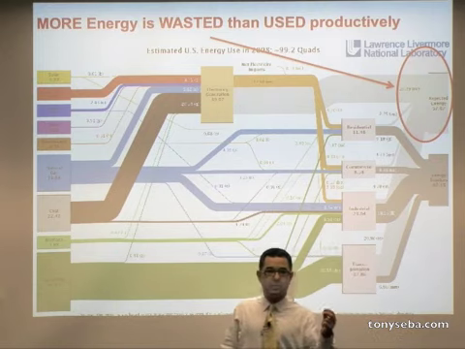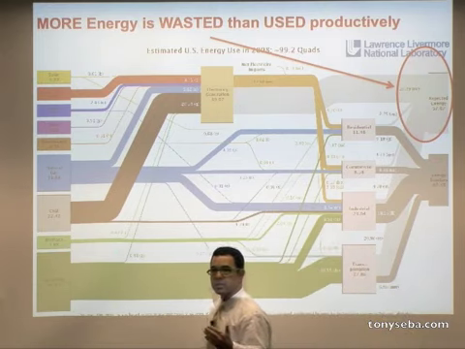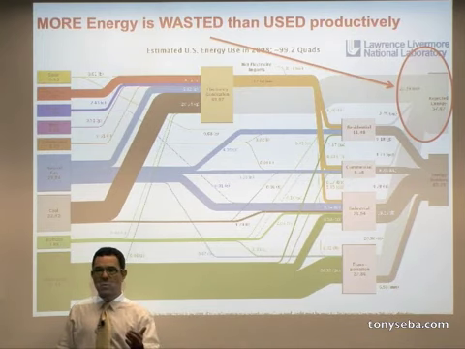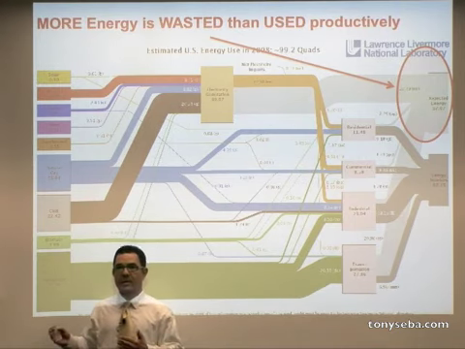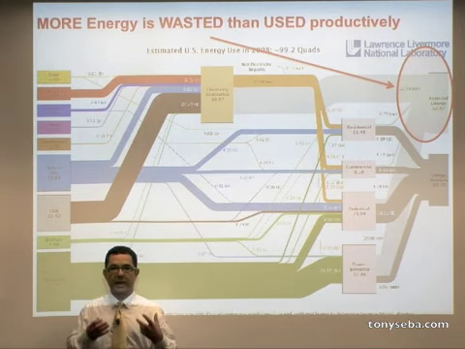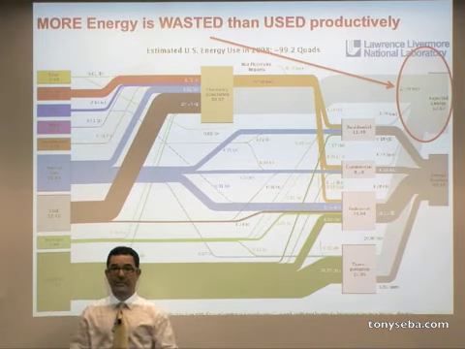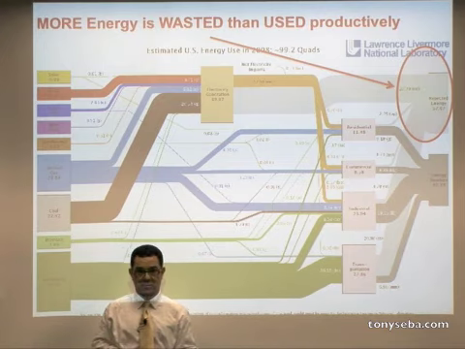Every time a coal or gas power plant creates electricity, they actually waste anywhere from 40 to 70% of the energy, which goes literally up in smoke. That's called waste heat.